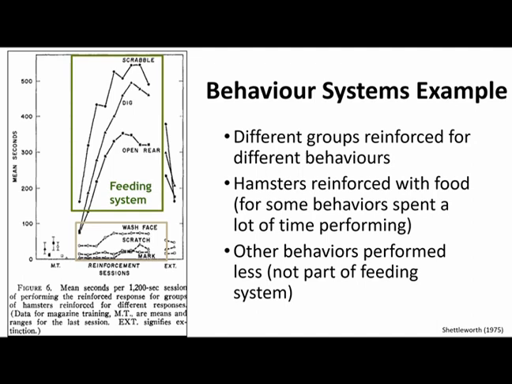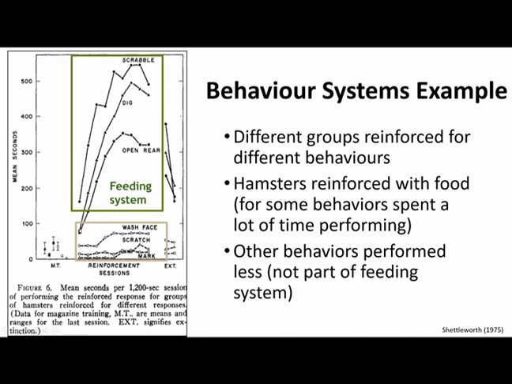The triangles are digging, squares are open rearing, the open diamond shapes are washing their face, sort of a little bit of everything. So we were seeing a little bit of each of those, but this is just to show us that any of these behaviors are not much more common before training.